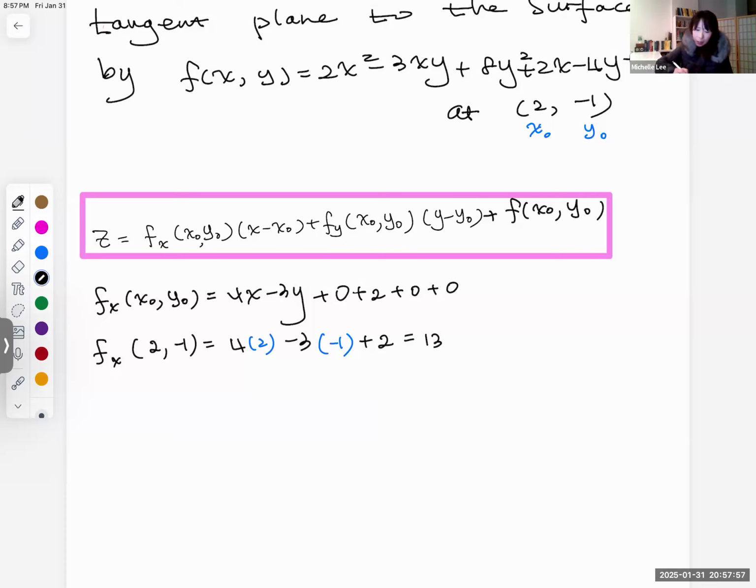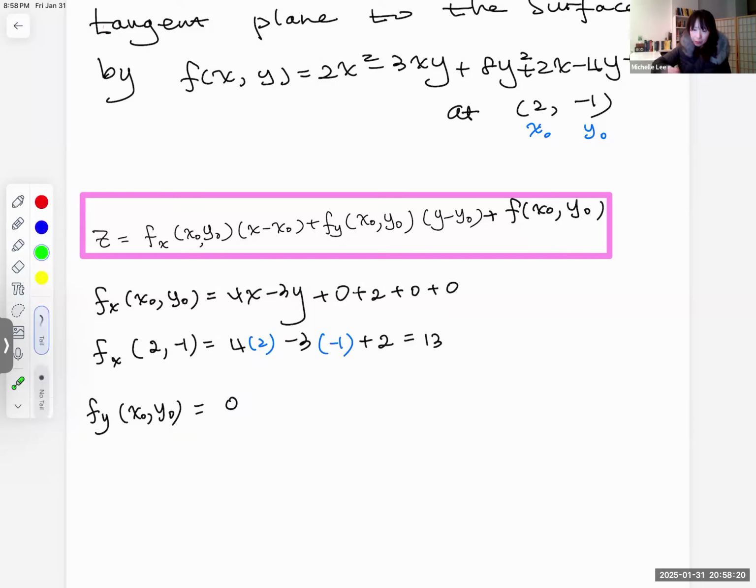Let's do the partial derivative with respect to y. So we have f partial derivative with respect to y at x naught, y naught. Let's take a look. We treat x as constant, right? So 0 for the first term.